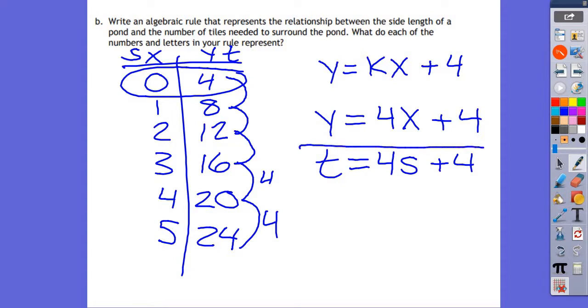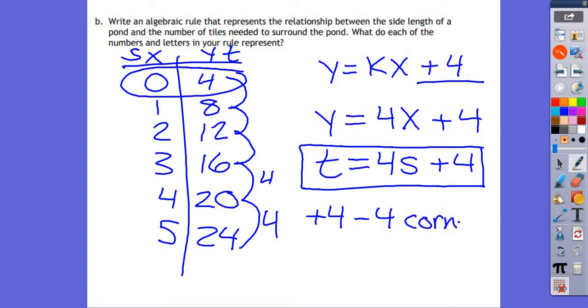So there is my equation, and it wants us to tell us what each part represents. Well, we said what the +4 at the beginning stood for. There was 4 starting with. There was 4 what? Corners.